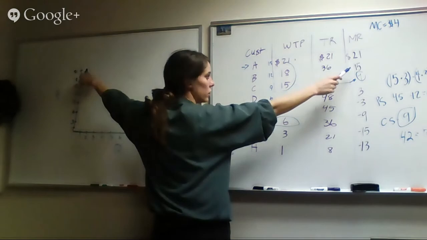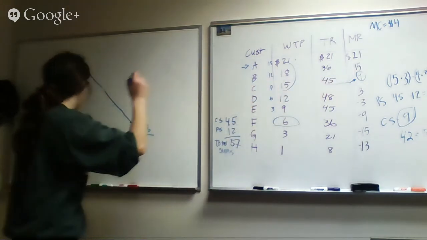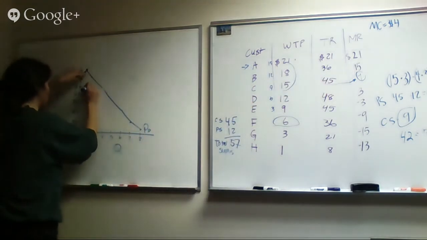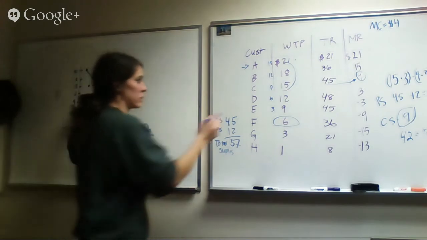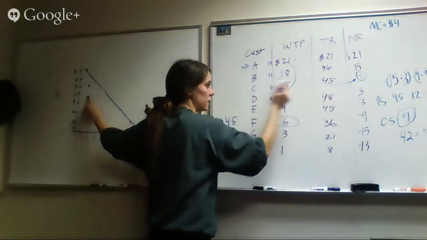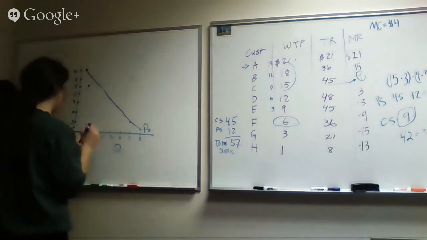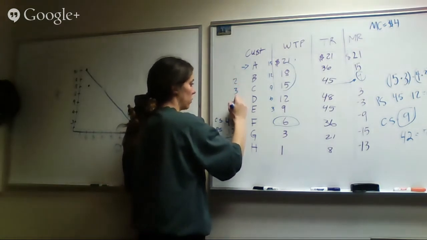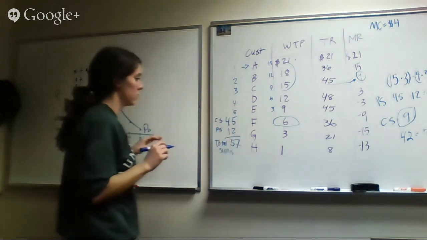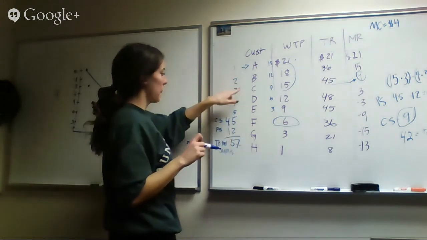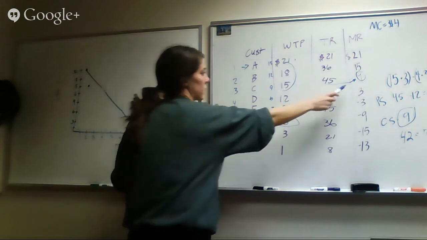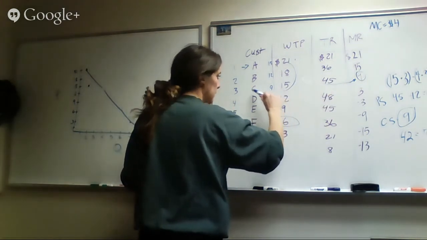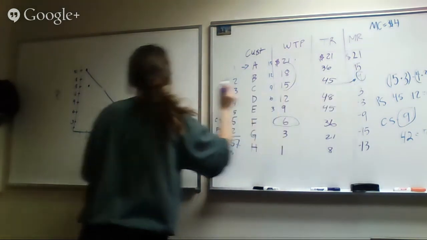The marginal revenue for B is 15. The marginal revenue for C is 9. These are quantities 1, 2, 3, 4, 5, and so on. So when the quantity is 3, marginal revenue is 9.